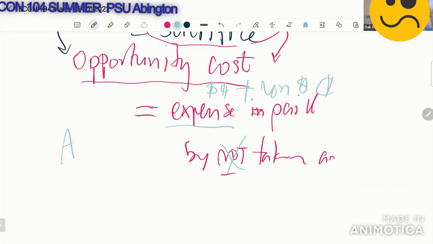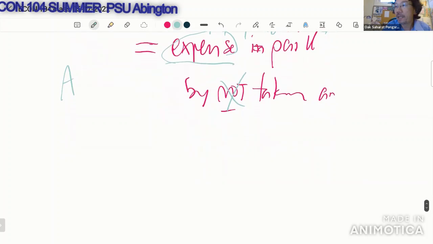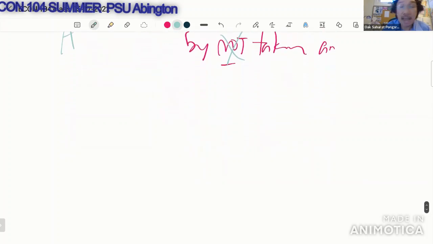So the expense paid by taking an action, right? So let me go with this first. There's a couple of actions you could have taken within this hour. We have one more hour of class left. Some of you say, no, it's 45 minutes. Okay, fine. 45 minutes of class left. I correct myself, whatever.